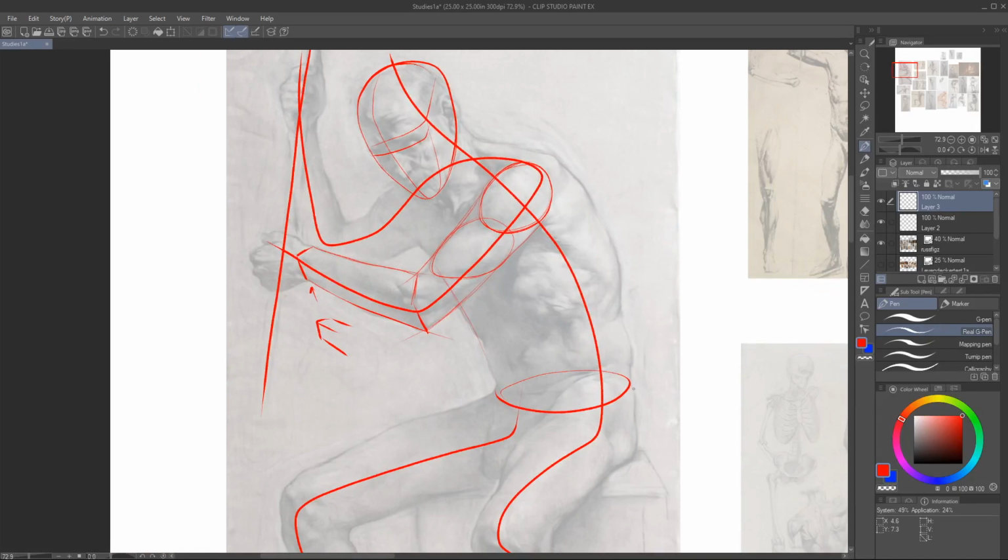And then here's a good exercise, a good way to break it down.